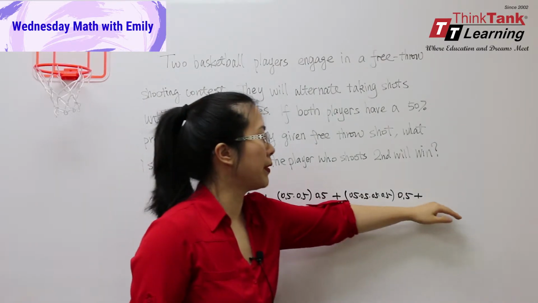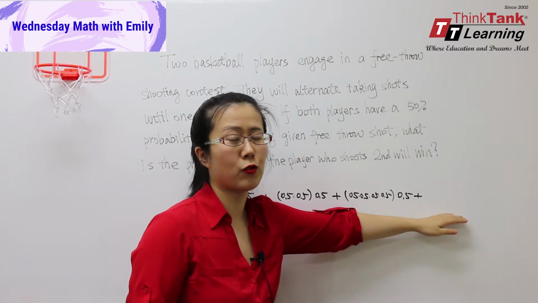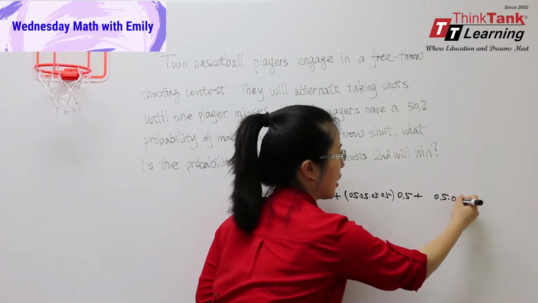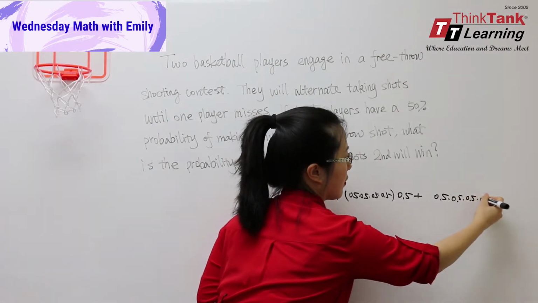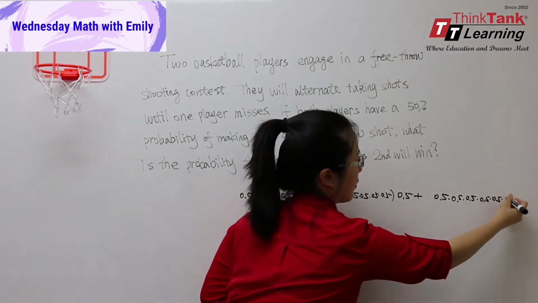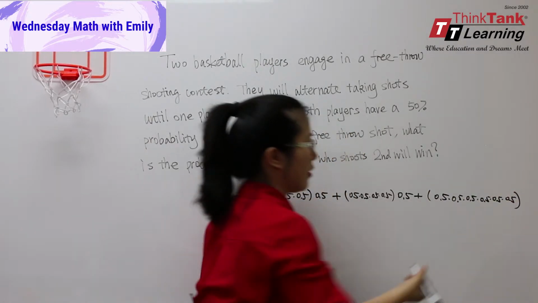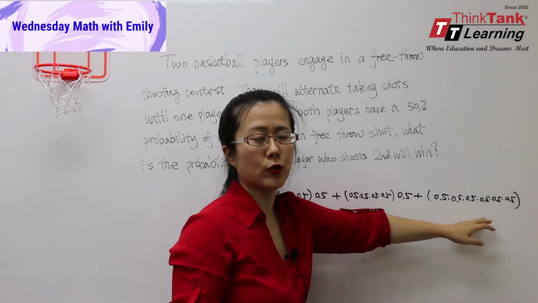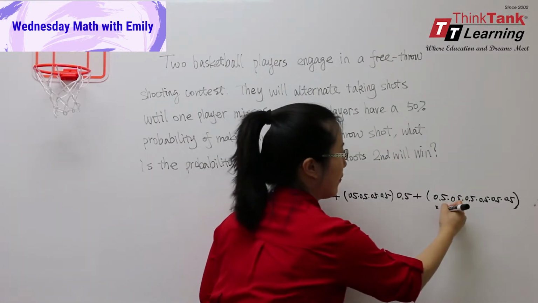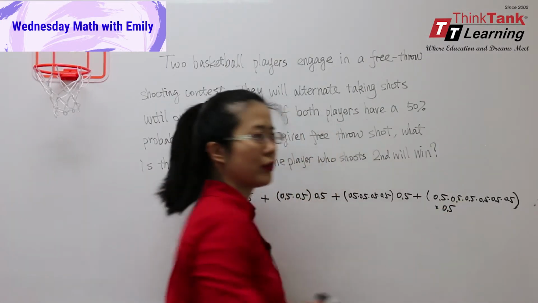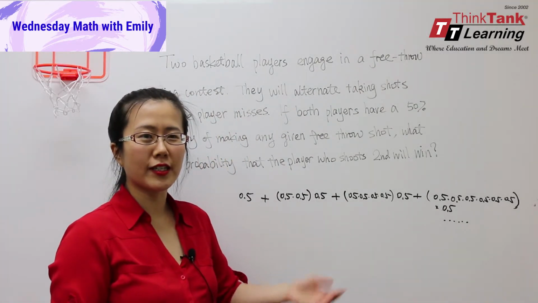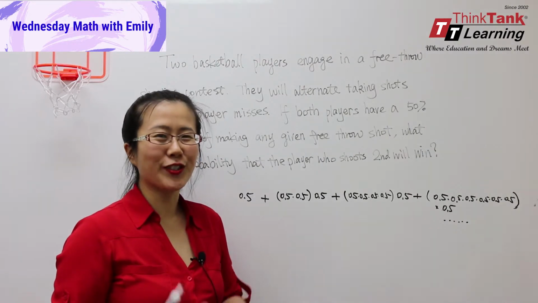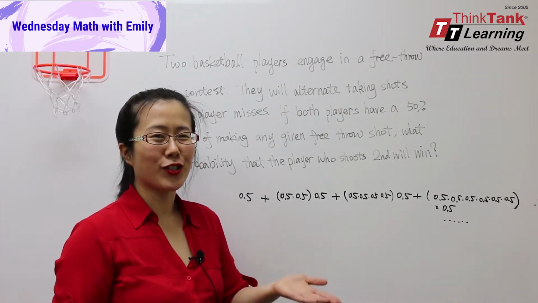If both players successfully make three rounds, then we have 0.5 times 0.5 to the power of 3. That's the probability of both players successfully making three rounds, and then the first player fails. So in order for the second player to win, the game will go on and on until the first player misses.